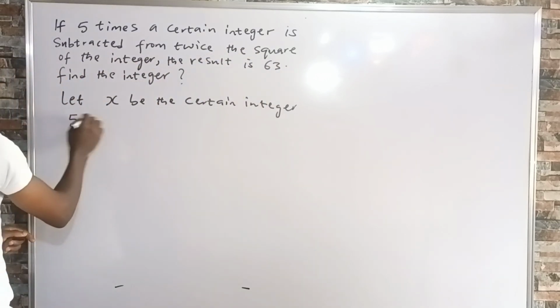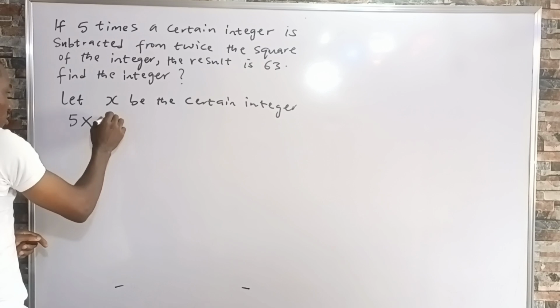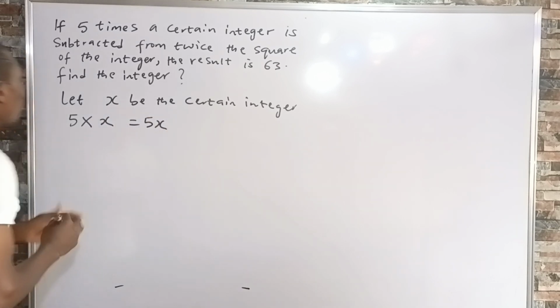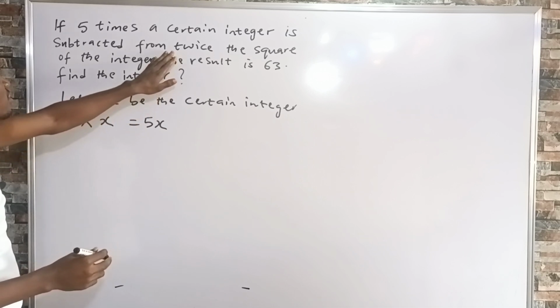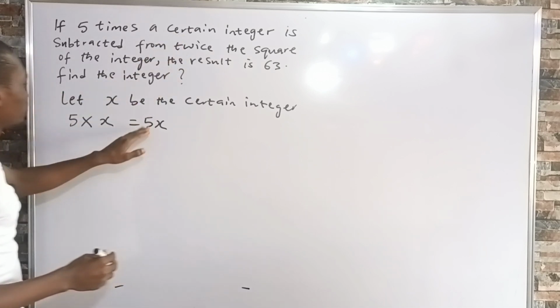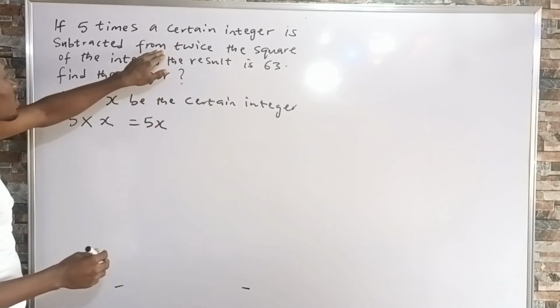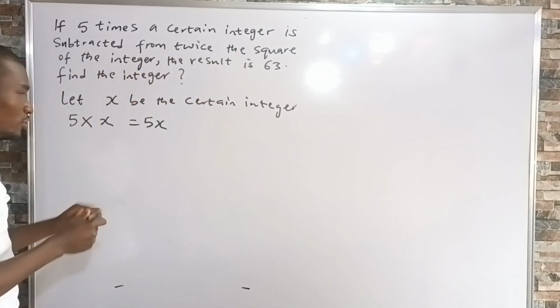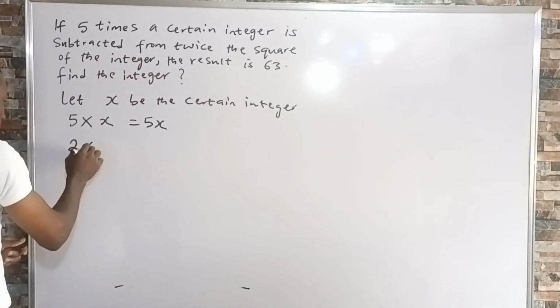So 5 times that certain integer, which is x, will give us 5x. The other part says twice the square of the integer. Twice means 2 times.